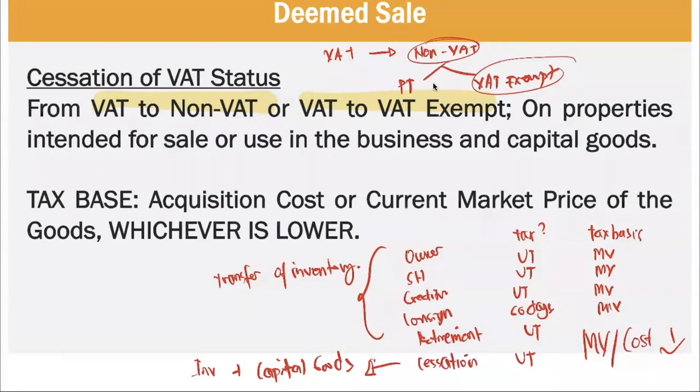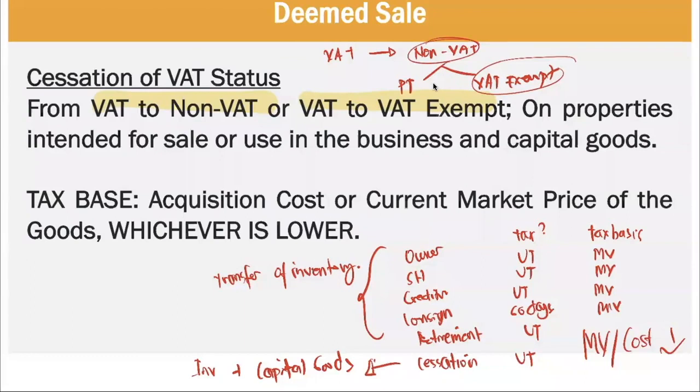Okay, so let's recap the deemed sale transactions. Here we have your transactions to your owner, stockholder, creditor, and consignment. All tax basis is market value, and it is taxed upon the transfer. However, for consignment, take note, you will only place it as part of your deemed sale upon 60 days from the date of consignment and still unsold.